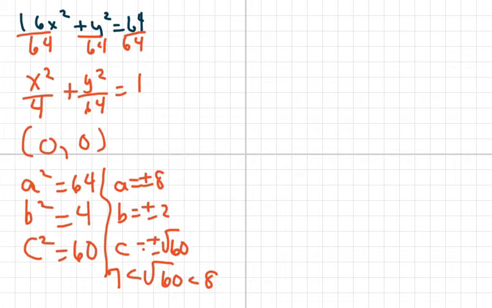Okay, so let's draw this. So 0, 0. My y, we're going to go all the way up to 8, down 8. My x, we're going to go over 2. Yeah, see, it's skinny. The more these numbers are apart, the skinnier it is. I'm going to connect it.